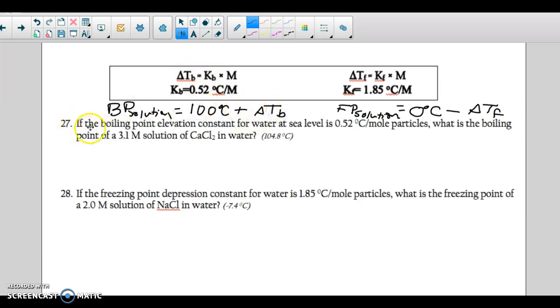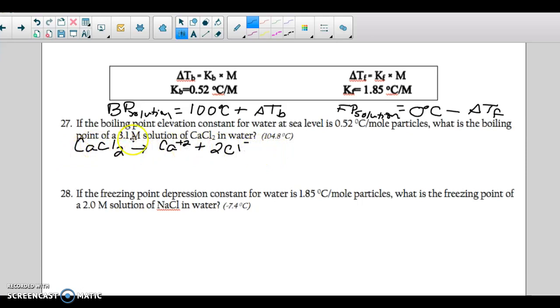So for these problems, we always have to look at what's dissolving. In this case, it's calcium chloride in water, which just means that it dissolves in water. So it's going to break up into 1 calcium ion for every 2 chloride ions.